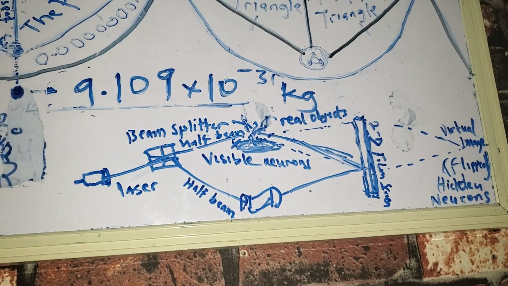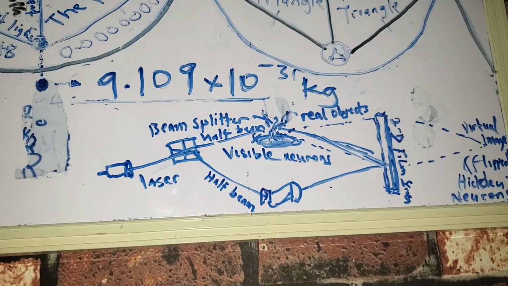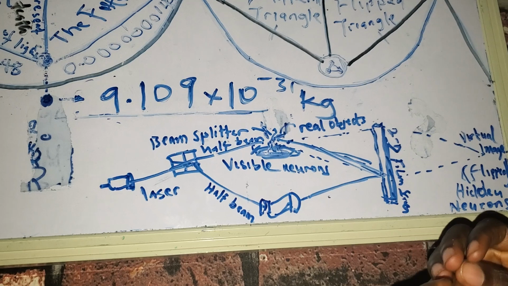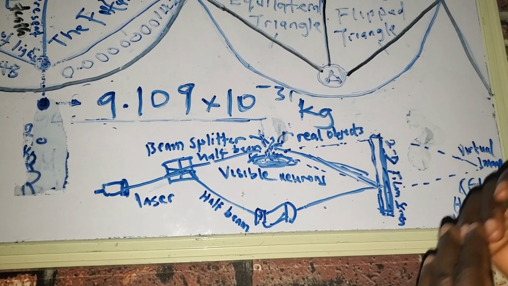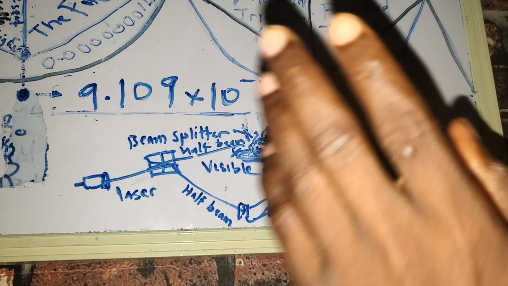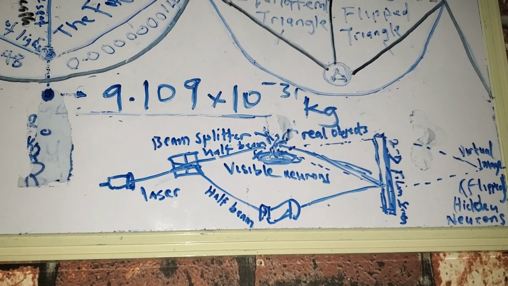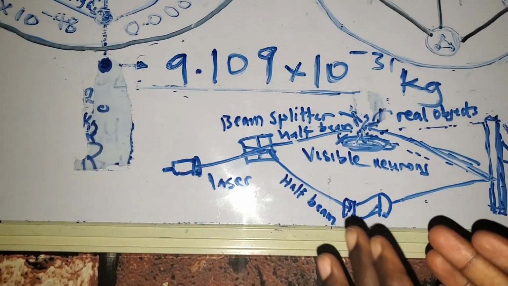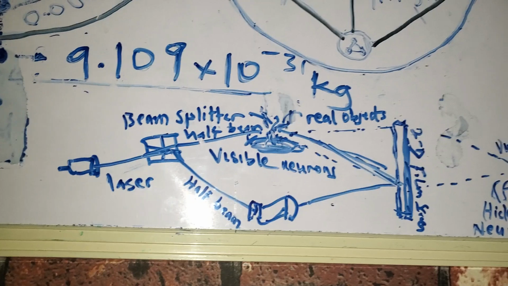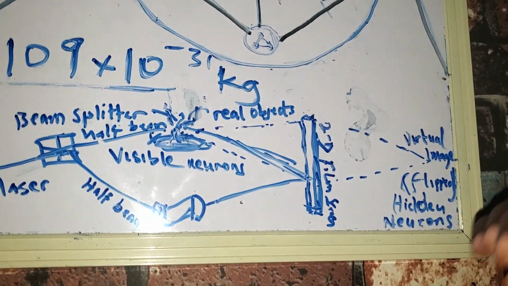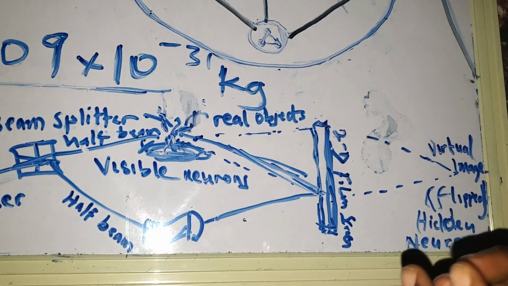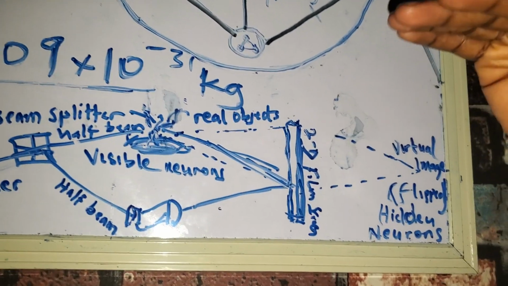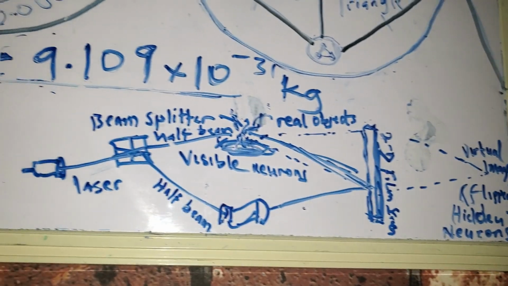Now if we want to record the phase of a light wave, the reason we want this is because we want to have an increased magnitude of the wave.